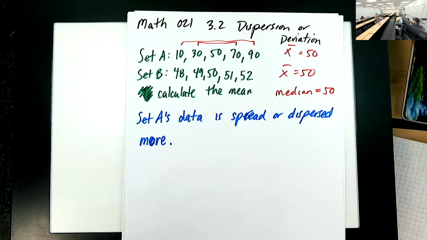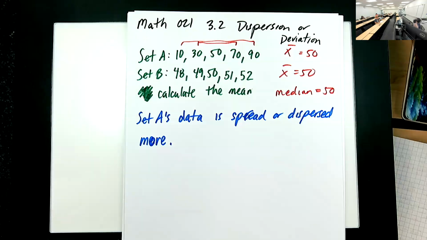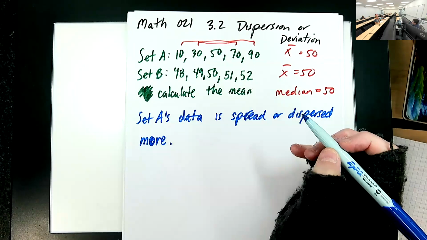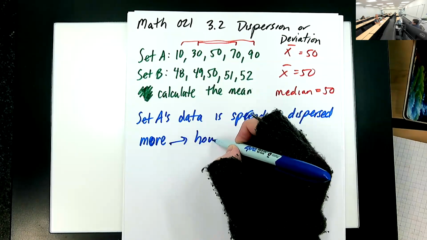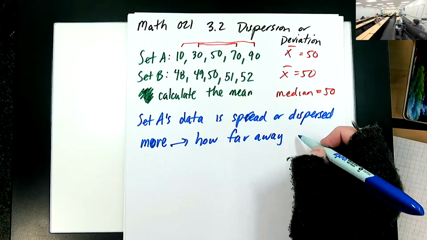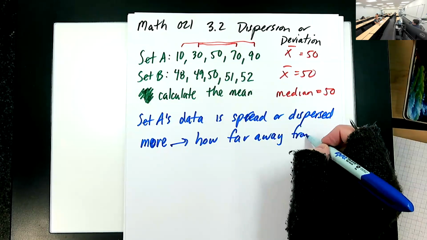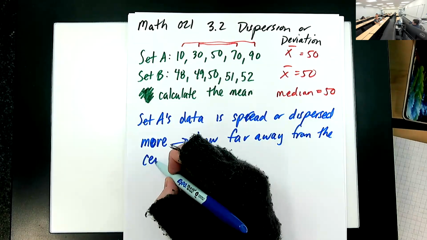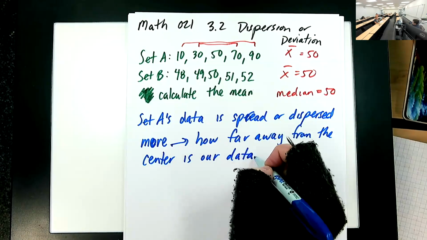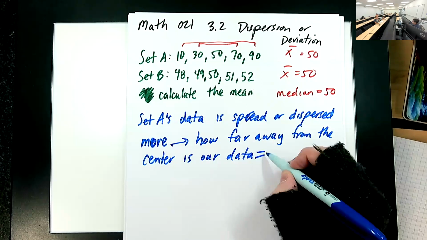It's spreading out so thin, it's dispersing throughout the air, that you don't see it anymore because there's not enough percentage content for it. That's what dispersion is. And where it applies here is, how far away from the center is our data? That's the idea of dispersion.